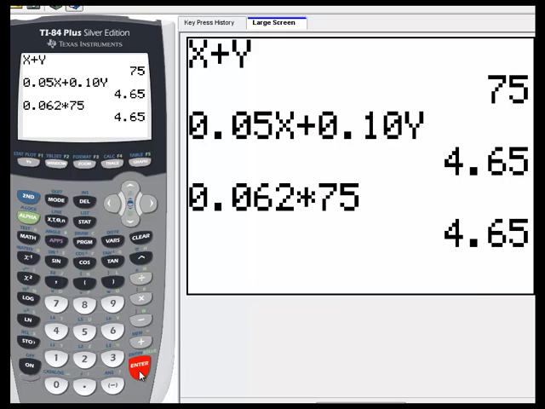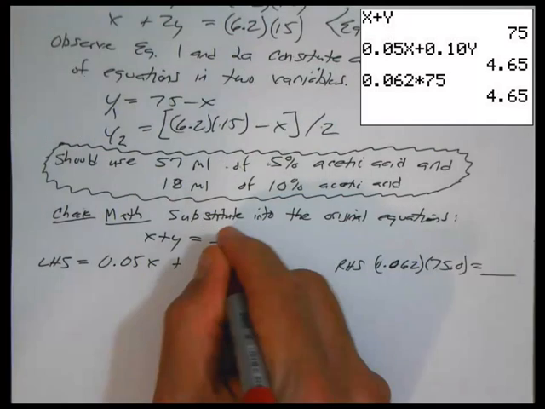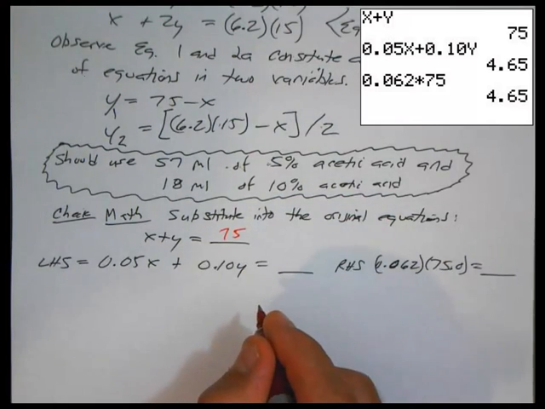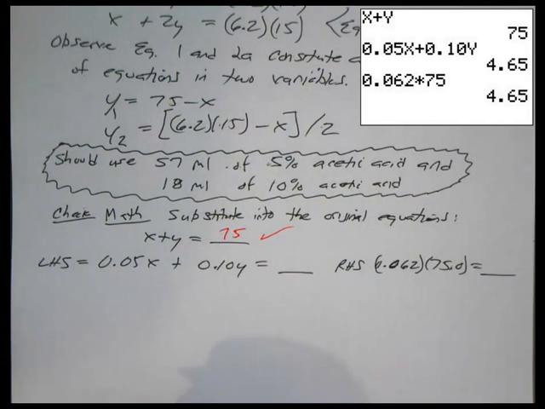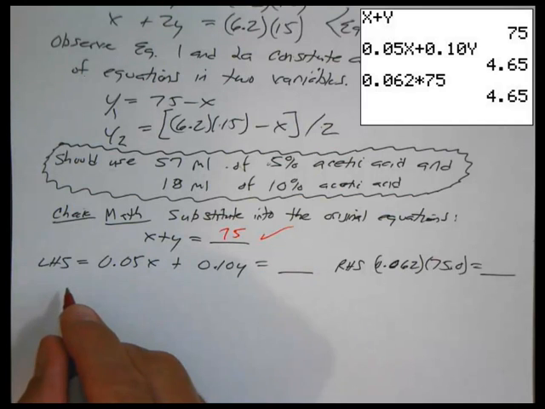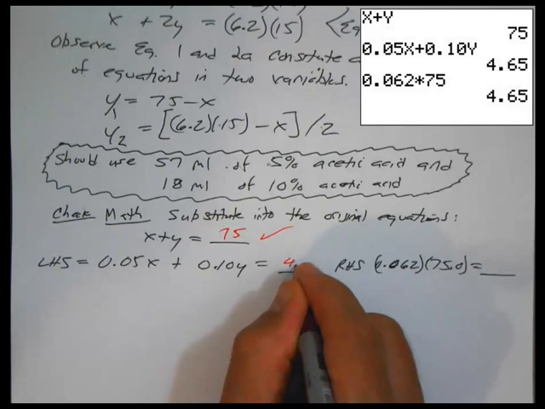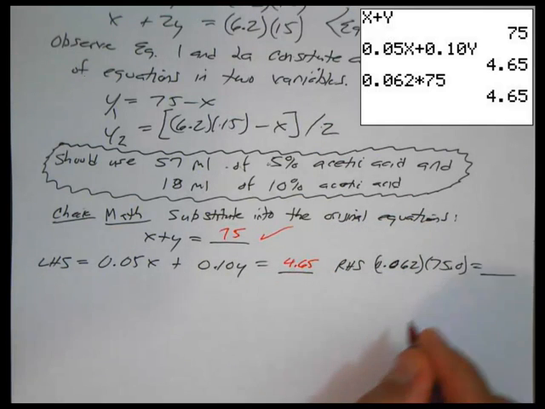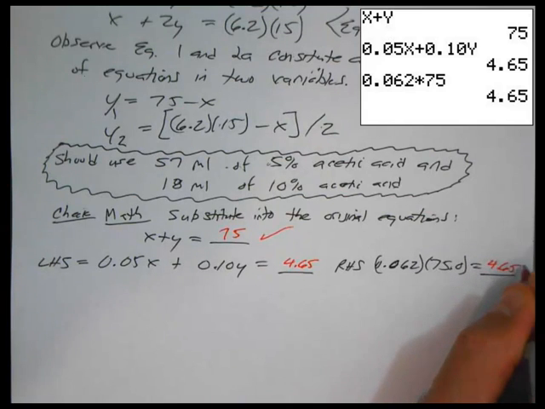Let's go back to our paper, record our results. Alright, so we've got this to be 75, which is just as equation 1, right-hand side. Now, the second equation, this came out on the calculator to be 4.65, and the right-hand side came out to be the same, 4.65.